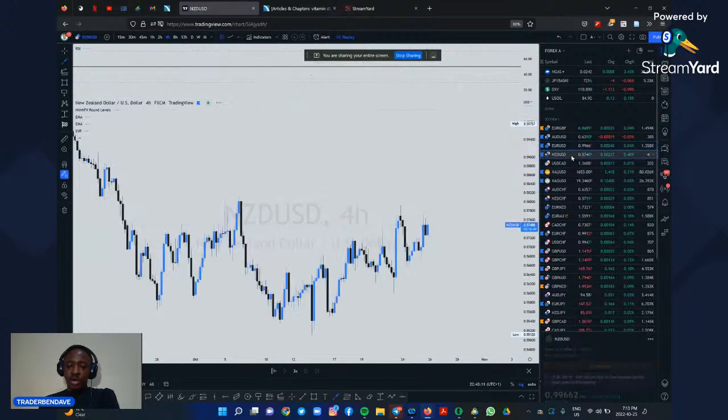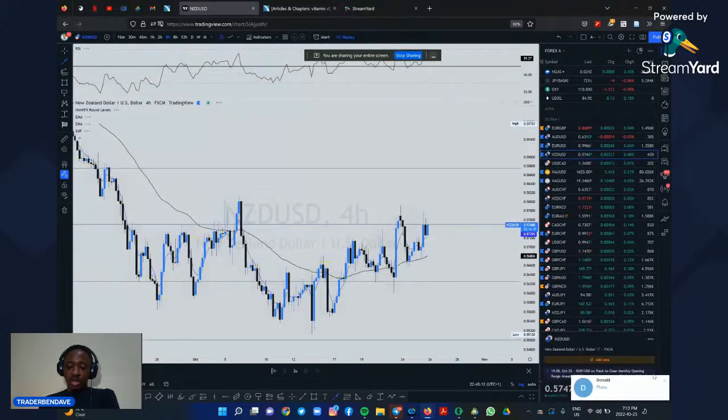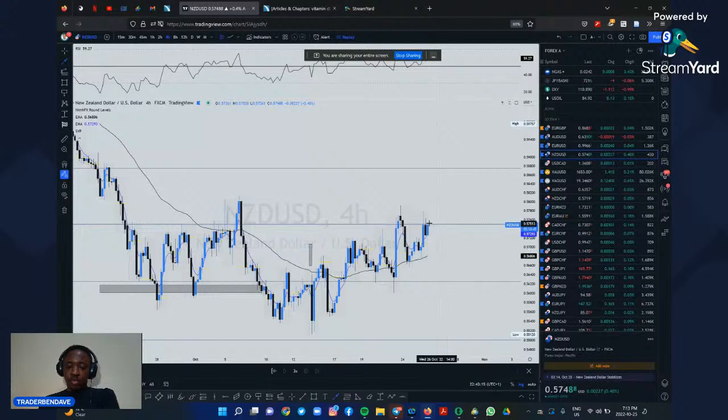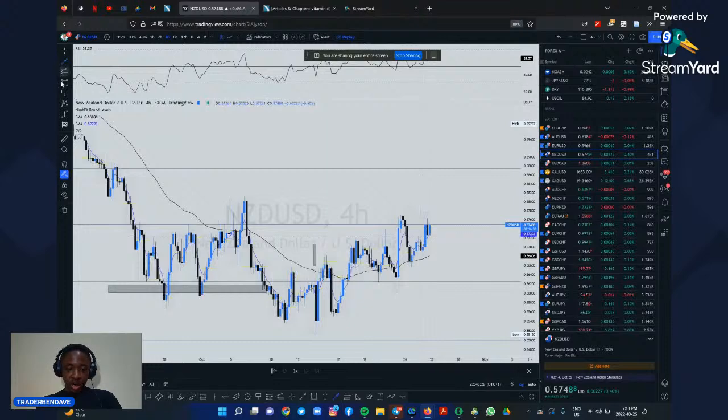Wait for a pullback on NZD USD. NZD USD looks a little tricky. So with NZD USD, there's an AUD news in an hour time. So it will be interesting to see how this level reacts.